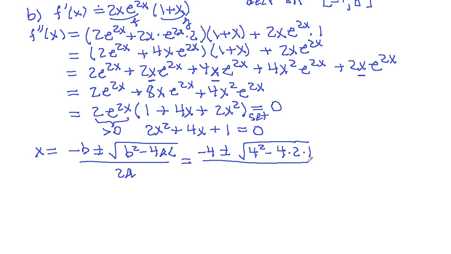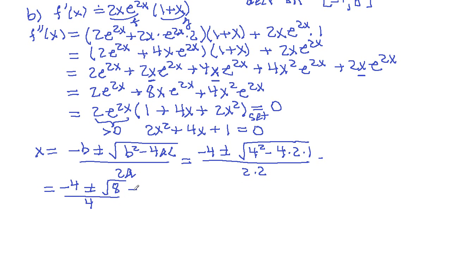And then all over 2a, so 2 times 2. So this will be negative 4 plus or minus square root of 16 minus 8 is 8. So this will actually be square root of 8. And then all over 4.